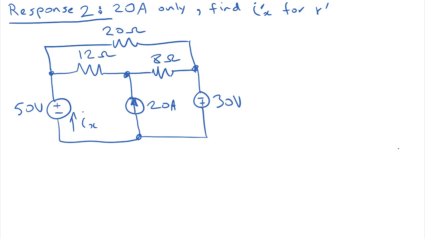So in the next response, we're going to calculate when only the 20 amp source is active, and we're going to zero the remaining sources. They're both voltage sources, so they'll both become short circuits. So let us make them short circuits. So let's get rid of this guy, and let's get rid of that, and let's get rid of this guy.